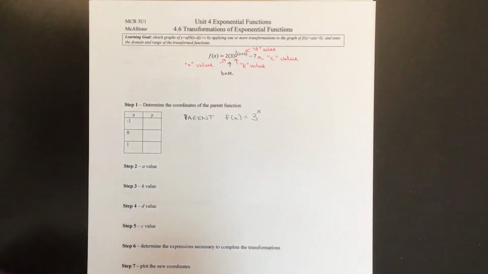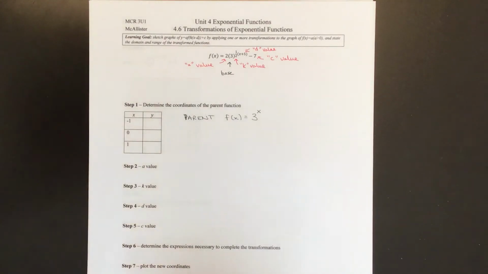Now, with transformations, because exponentials can get either really, really large or really, really small, in order to graph them, you're dealing with massive numbers or you're dealing with very, very small decimals in some cases. So because of that, you can't really fit all of that onto a grid. So what we do is we just want to see what the behavior is like around the y-axis.